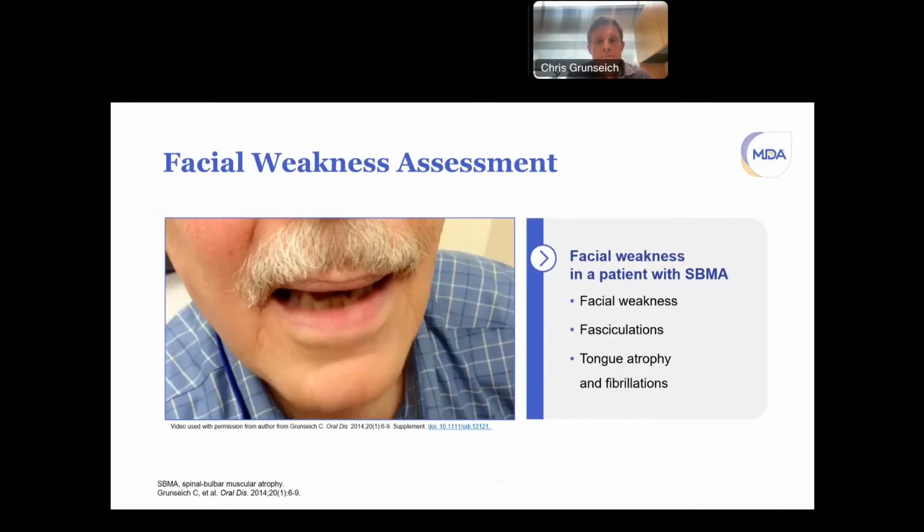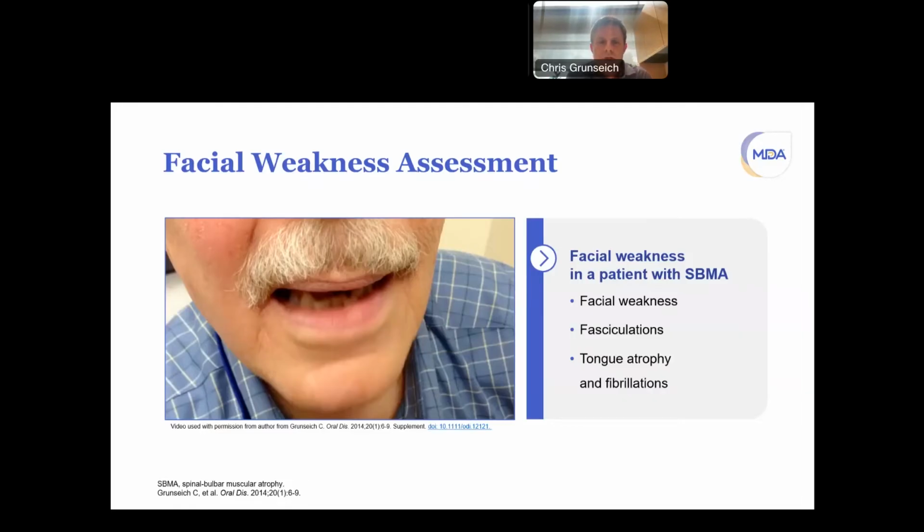This slide shows some of the facial weakness that can be detected in patients with SBMA. Patients, as a result of the weakness, can have difficulty moving muscles in the face, the muscles in the cheek, the buccal muscles. The orbicularis oris can be affected, the orbicularis oculi, and that can affect saliva control, predisposition to choking, articulation, and dysarthria.